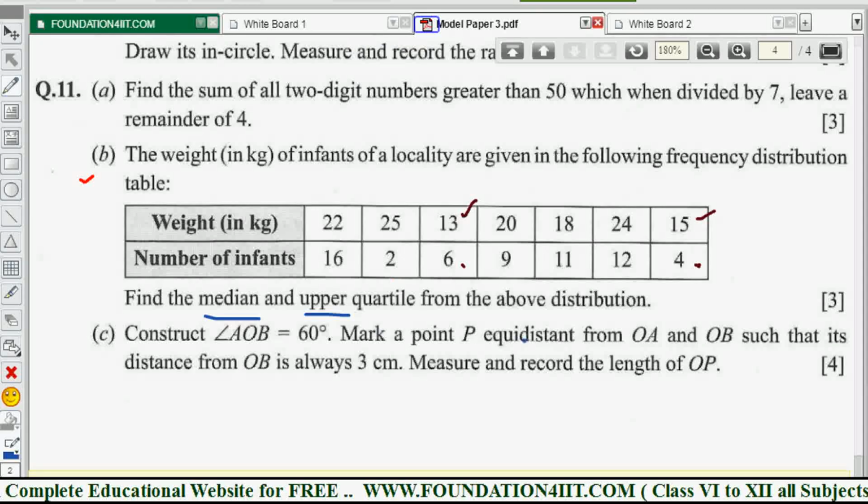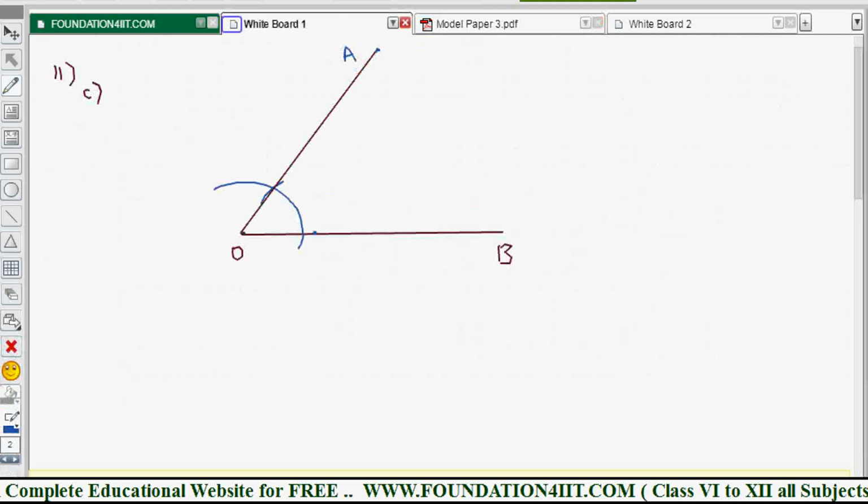Mark a point P equidistant from OA and OB. If you want equidistant from OA and OB, we should bisect the angle, and the distance from OB is always 3 centimeters. That means next we should do angle bisecting. From these 2 points, draw more than half and 2 arcs and join the line.